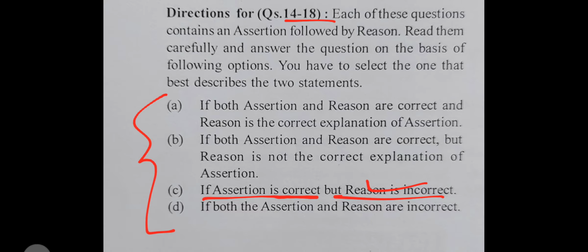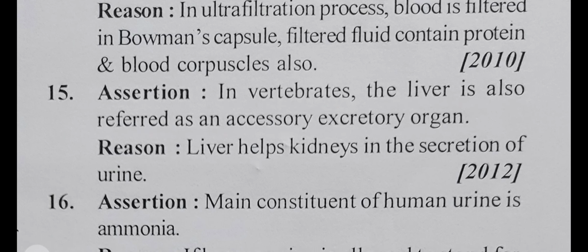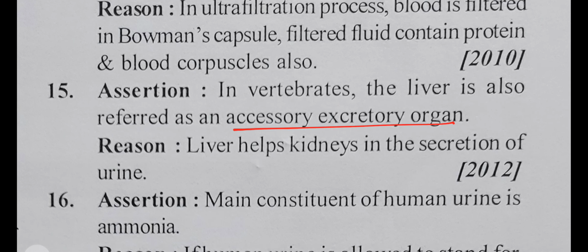Here the assertion given is: in vertebrates the liver is also referred to as an accessory excretory organ. As you all know, accessory excretory organs in vertebrates are lungs, liver and skin. So this statement is true.